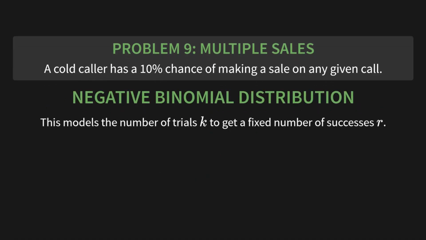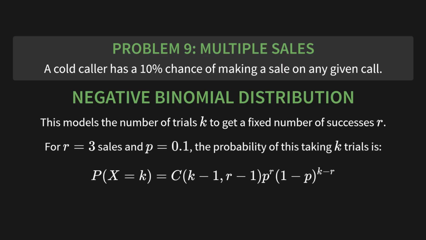It's designed specifically to model the number of trials, k, you need to get a fixed number of successes, r. For our case, with r equals 3 sales and p equals 0.1, you can see the probability formula right on the screen. It's C(k minus 1, r minus 1) times p to the r times (1 minus p) to the k minus r.